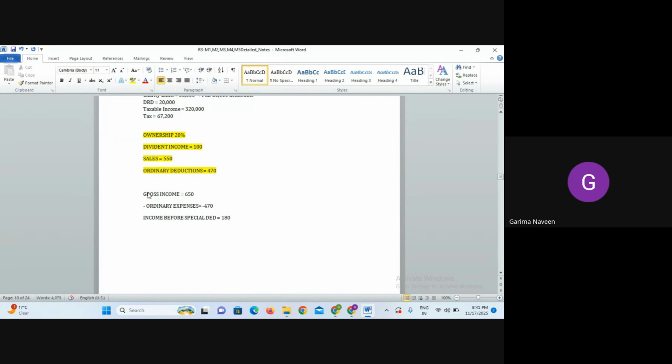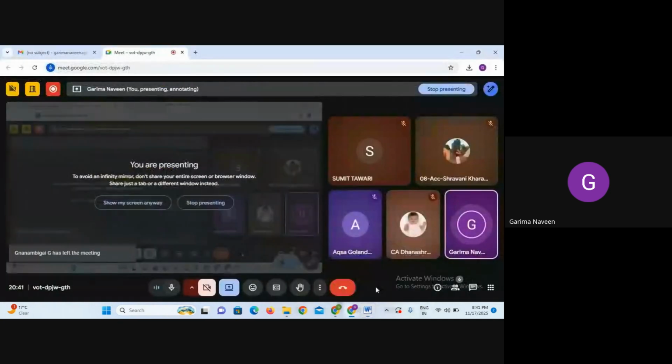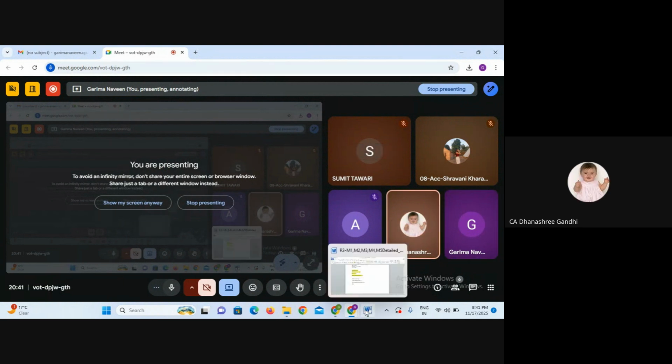Then you have special deductions, which is DRD. DRD is given based on the percentage. If ownership is 20% or less, then how much DRD is applicable? 50%, yes.